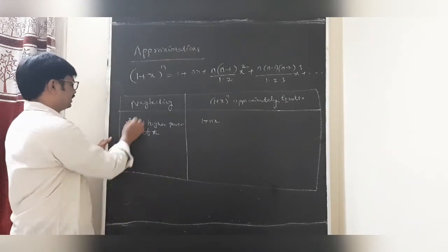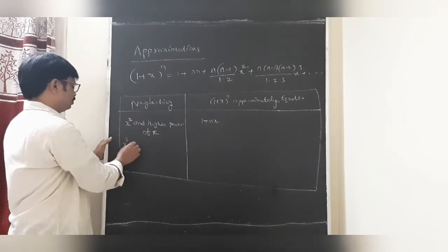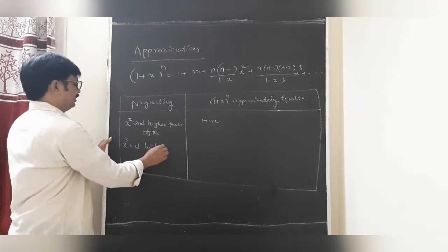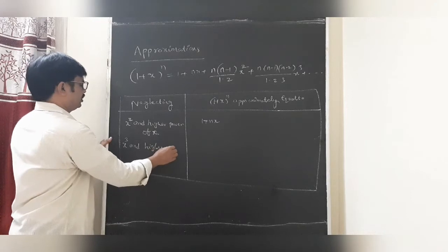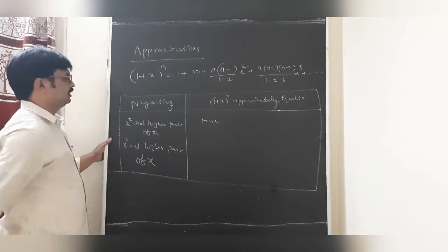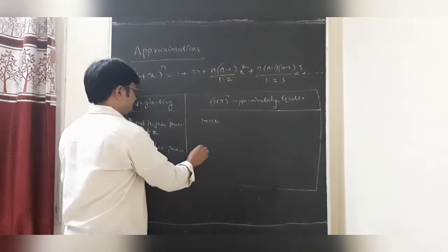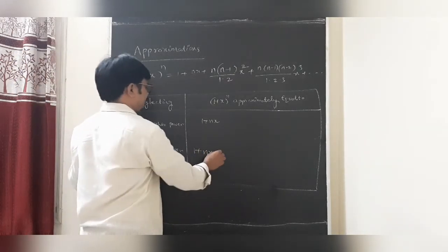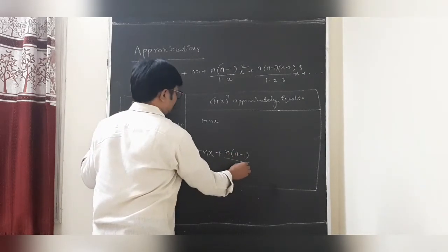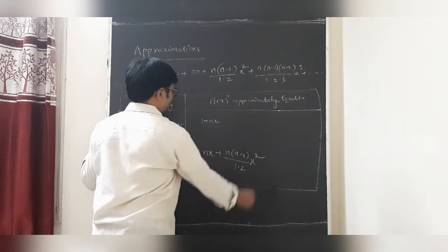Suppose, students, neglecting x cube and higher power of x. That means we keep 1 + nx + n(n - 1)/(1·2) x².